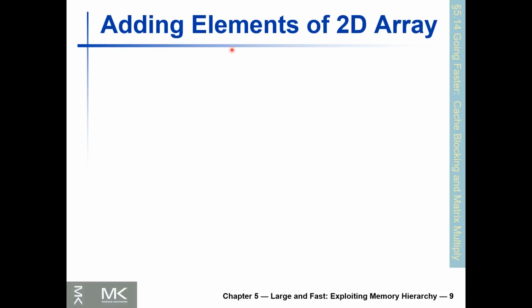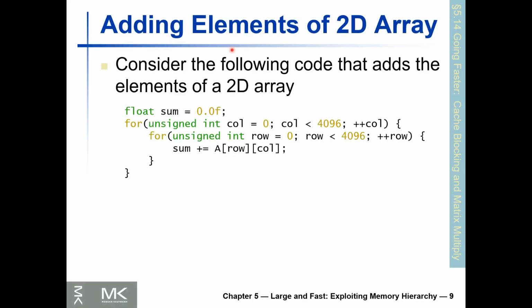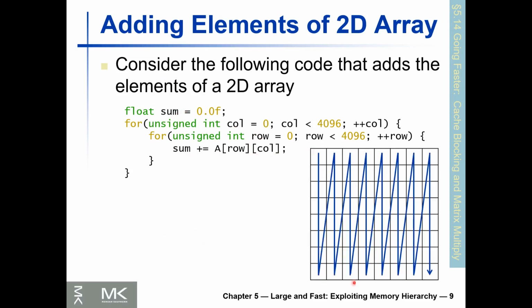The code for that is going to look something like this, right? I initialize some variable sum to 0. And then I loop over the rows and loop over the columns, and I accumulate into sum the value at that row and column.